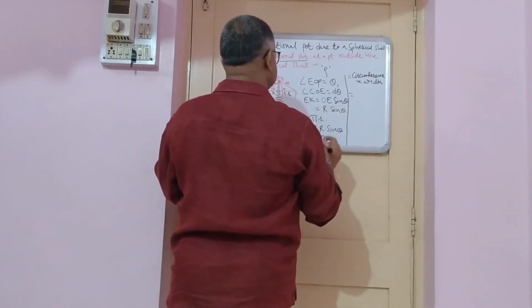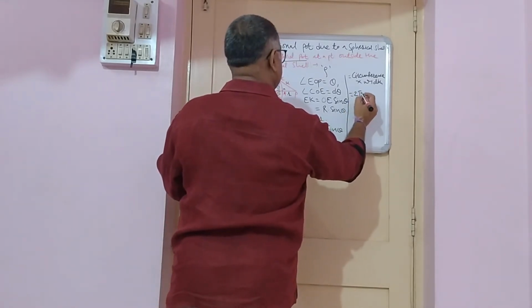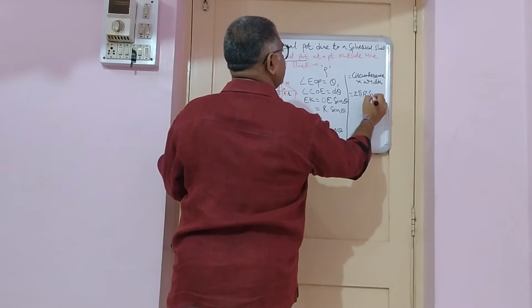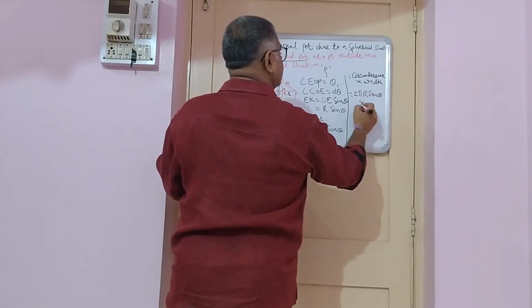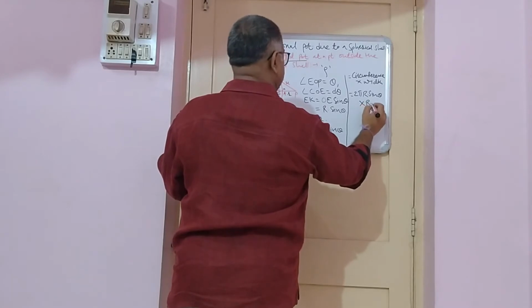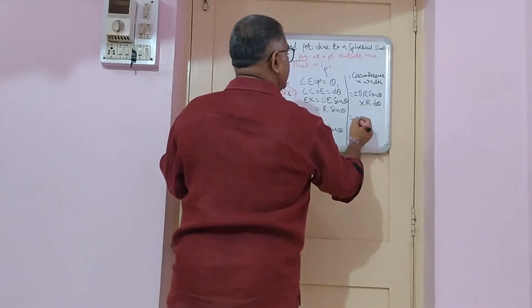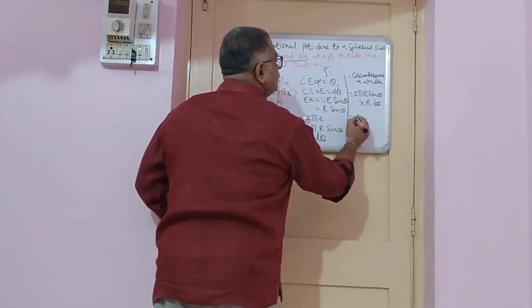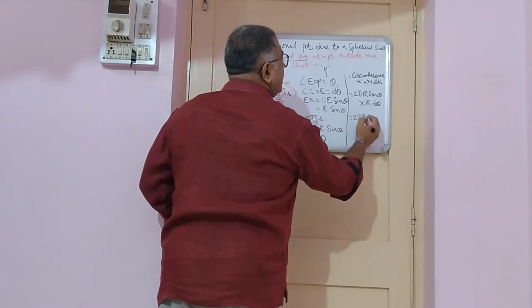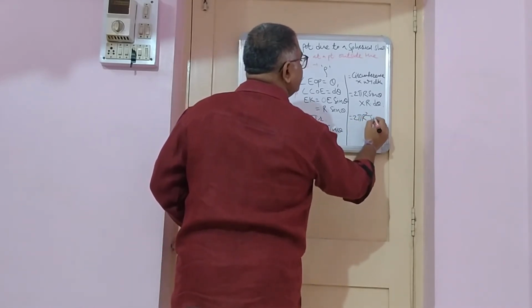The circumference is 2 pi R sin theta into width, which is R d theta. Then we get 2 pi R square sin theta d theta.